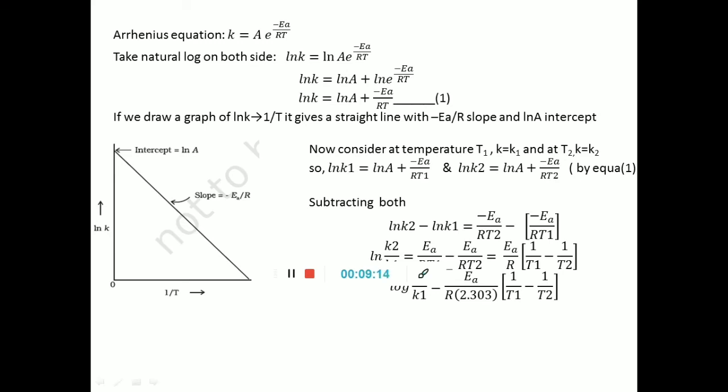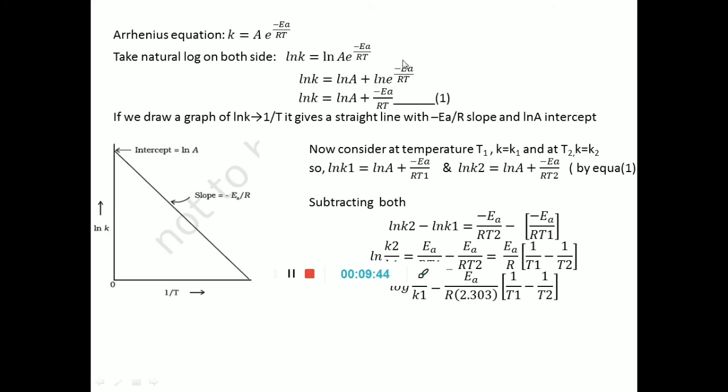Now this is a multiplication, so in logarithms, if two values are in multiplication, we can write two different logarithms with an addition sign between them. So I have just expanded that equation here: ln A plus ln e raised to minus Ea by RT.